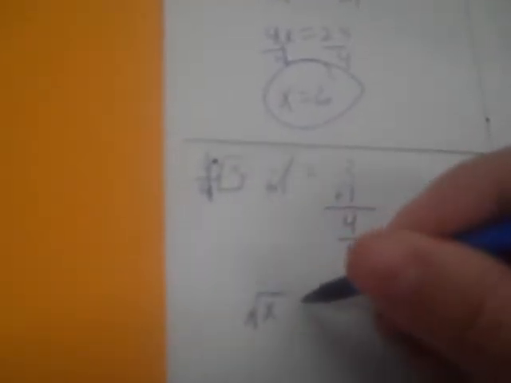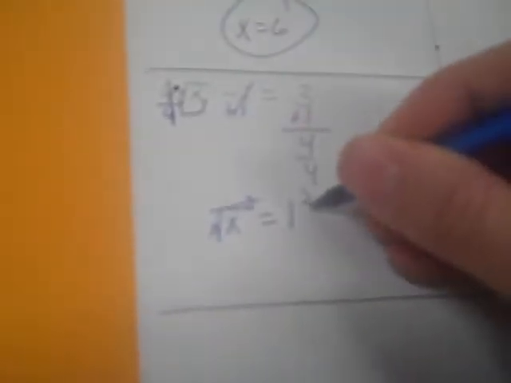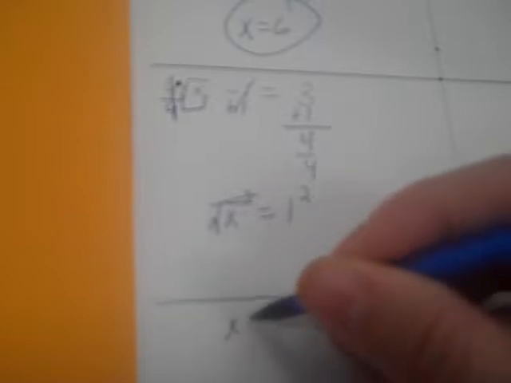And 4 divided by 4 is 1, so the square root of x is equal to 1. So I add the 1, and then divide by 4. Now the second power eliminates the square root, and then I have x, and 1 to the second power is 1, and I'm there.